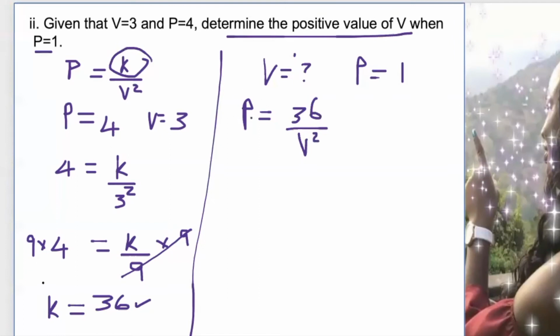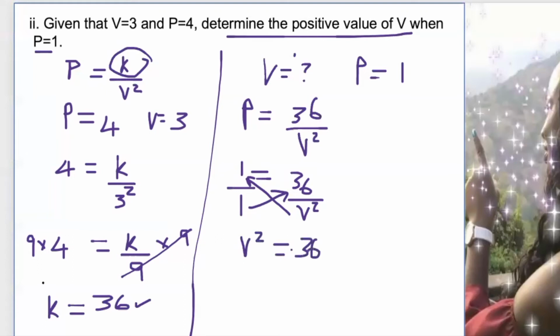We're trying to find V. We know that P is 1, so replacing P with 1, I have 1 is equal to 36 over V squared. Now what I can do is cross multiply. Put this 1 over 1, and then cross multiply: V squared times 1 and 1 times 36. So 1 times V squared, that's V squared, and 1 times 36 gives me 36.